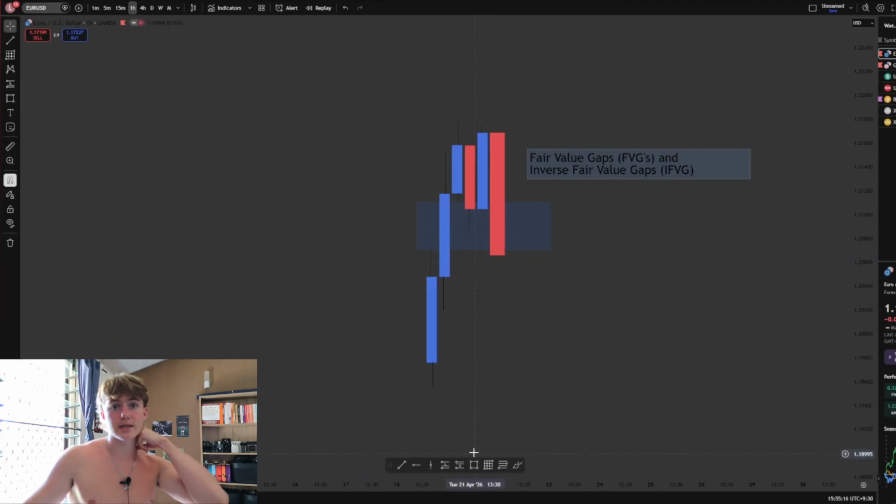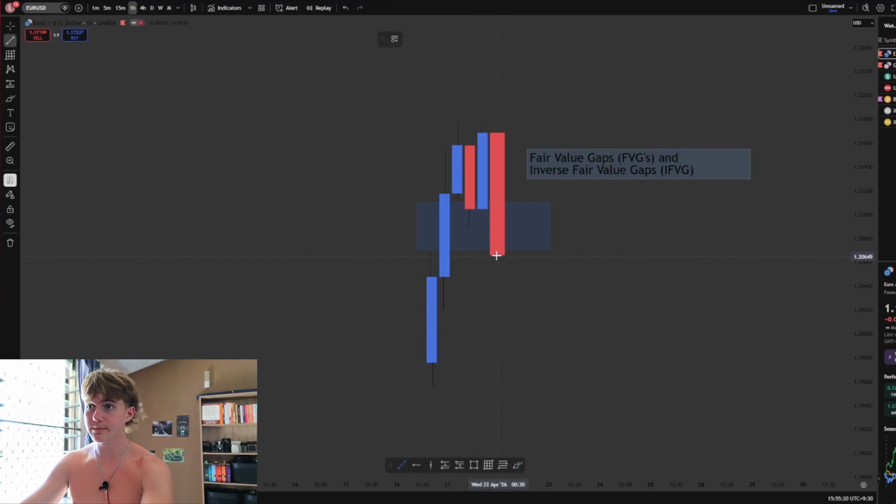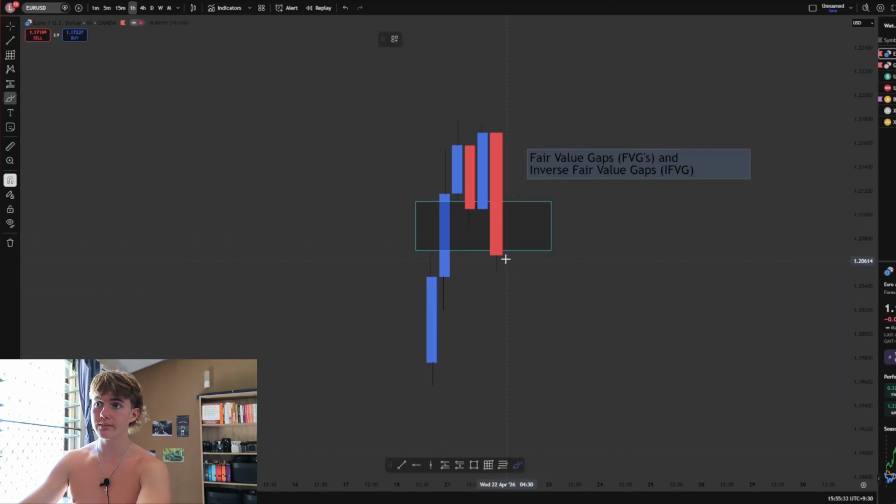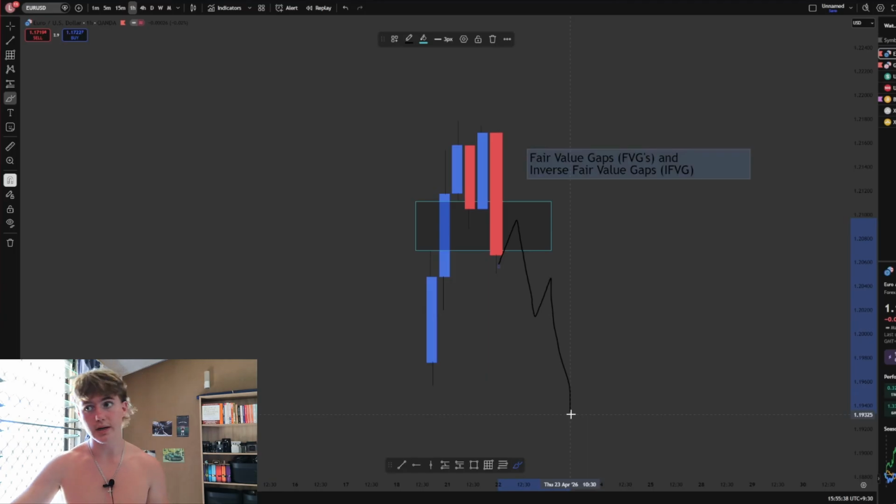It can't just be a wick into it, because that is still possible respection. You see that wick there? But we see the candle close below this fair value gap, making it an inverse fair value gap. And this can be used as a change in trend as well, like a break of structure.